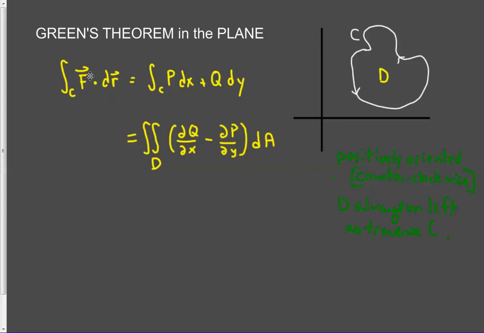But if you can, and if you can then integrate around the boundary of your D, then you could evaluate it that way. So in some cases it's easier to turn it from a line integral to a double integral, and in some cases it's easier to go from a double integral to a line integral. So Green's theorem works in both directions.